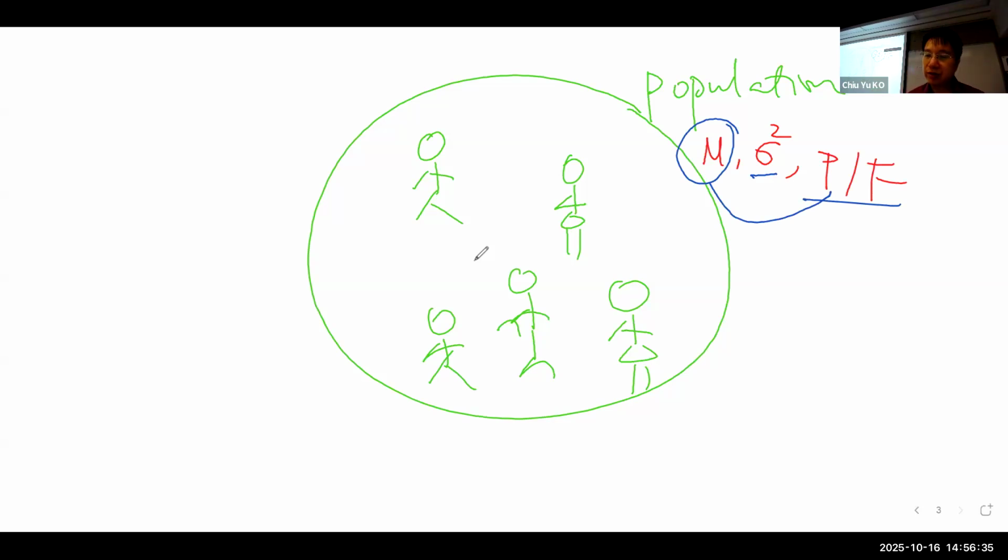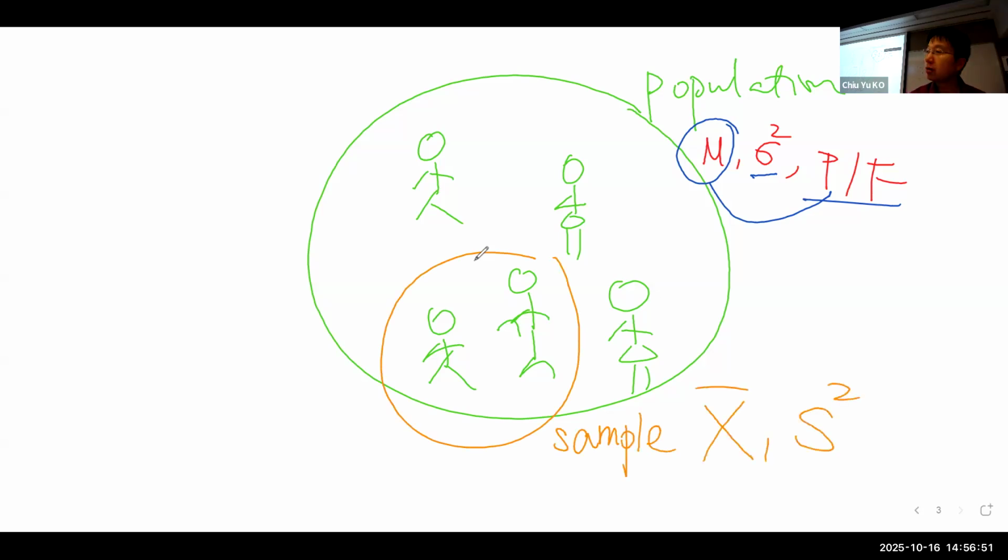If you want to know that, what we do is collect data. We randomly pick some of these people and they tell us things. This is called a sample. From a sample, we can calculate the sample mean and sample SD.